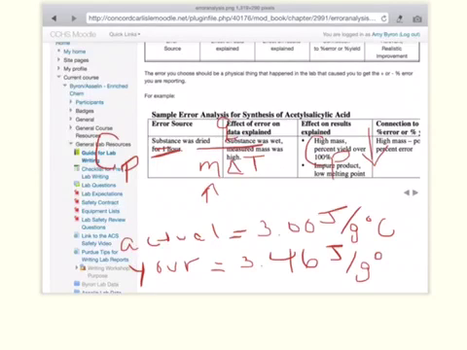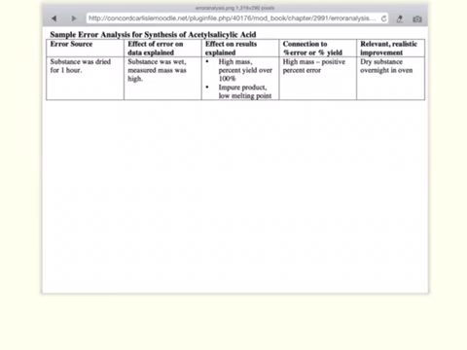Because your specific heat ended up getting lower, it actually brought you closer to the true value. And that's a good thing. Well, it's a source of error, but it brought you in the right direction. So that's just a better example, of how you could link it.